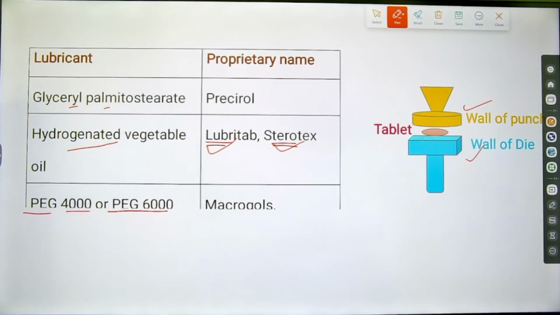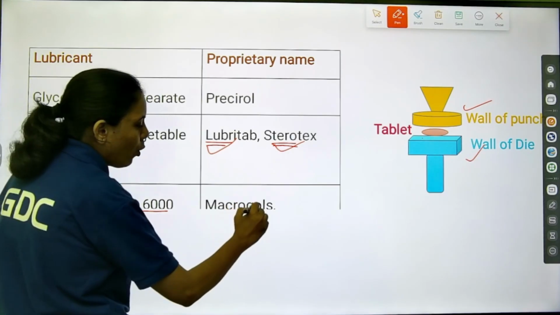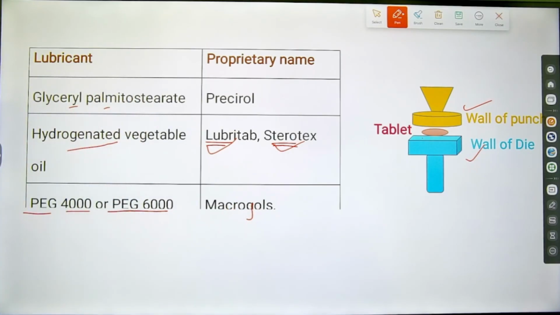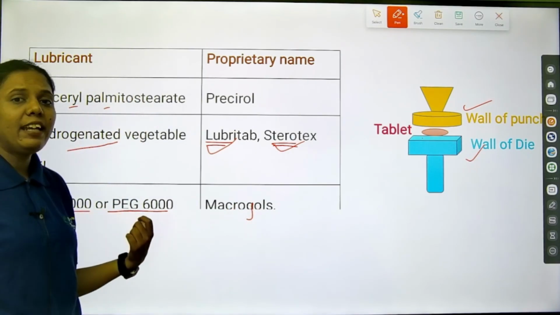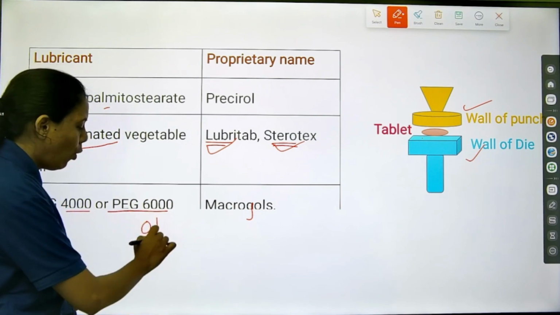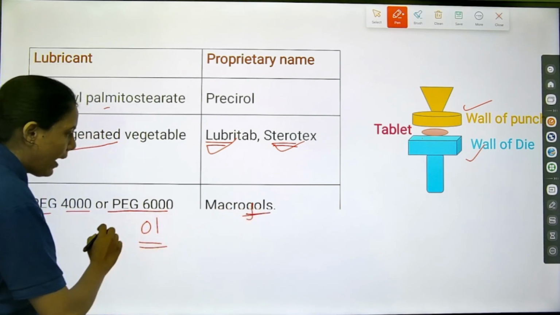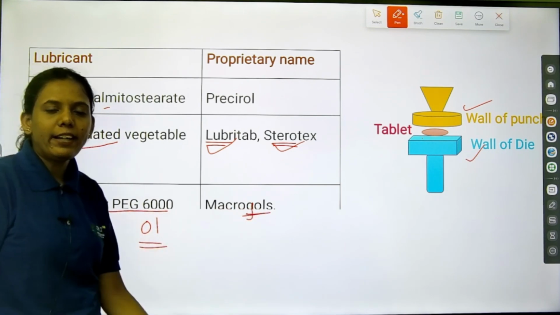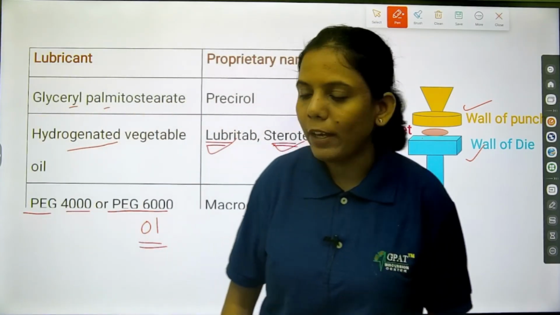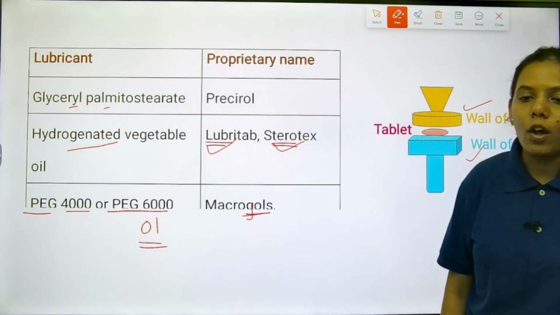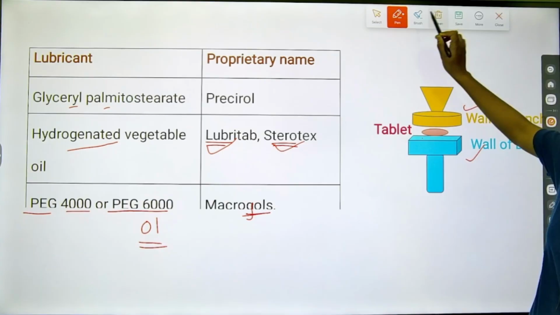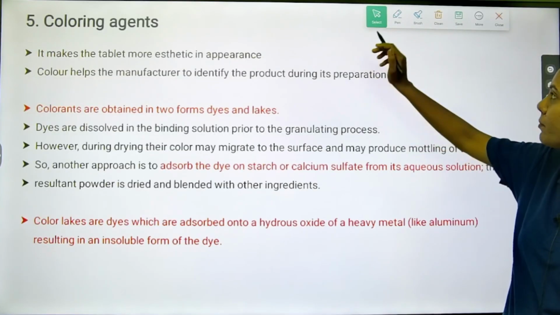PG4000 or PG6000, that is nothing but macrogols. Polyethylene glycol, right? It is ending with ol or glycol. So ol indicates the functional group is OH. So from that also you can remember macrogol or polyethylene glycol. So these are about the lubricants.